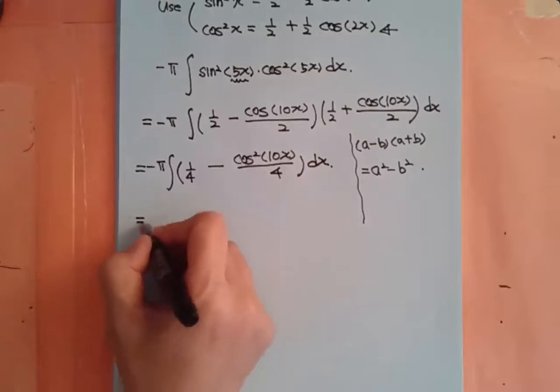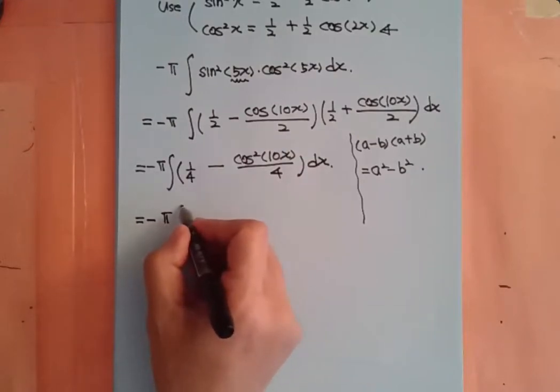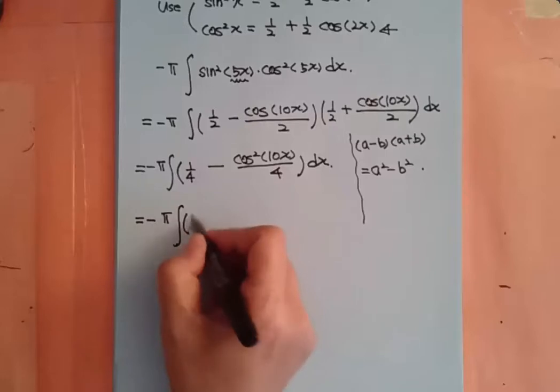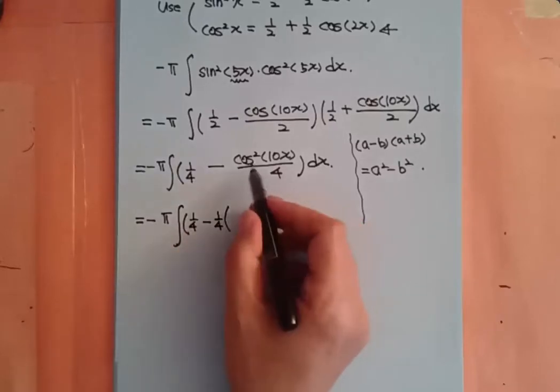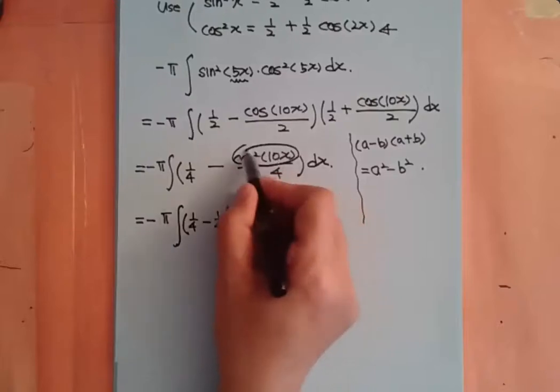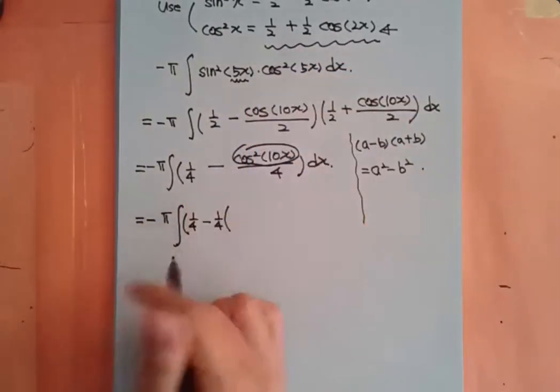So that is minus pi integral of 1/4 minus 1 over 4. For this part, we use the second formula.